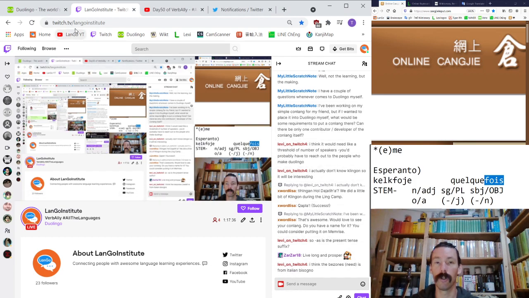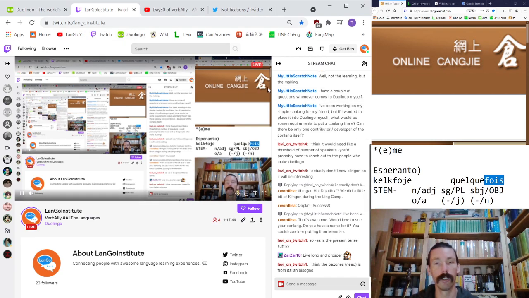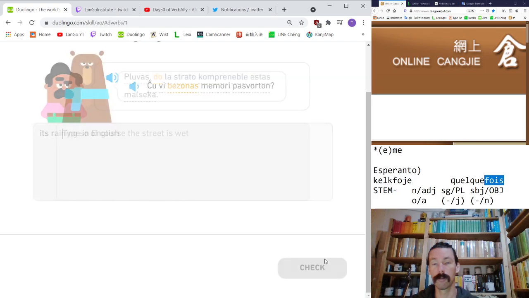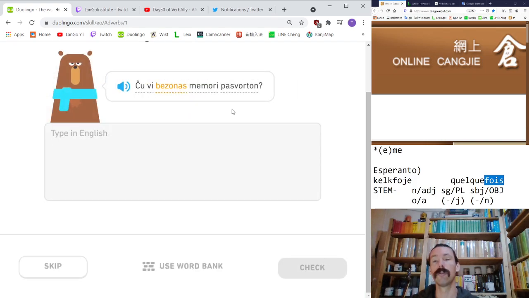Oh, bisogno also. Well, the letter E there might be closer to French, but good point, yeah. I haven't seen much that struck me as explicitly Italian so far in Duolingo. Ĉu vi bezonas memori pasvorton? Ĉu vi, not we, but you, vi, plural. Do you need to remember the password?